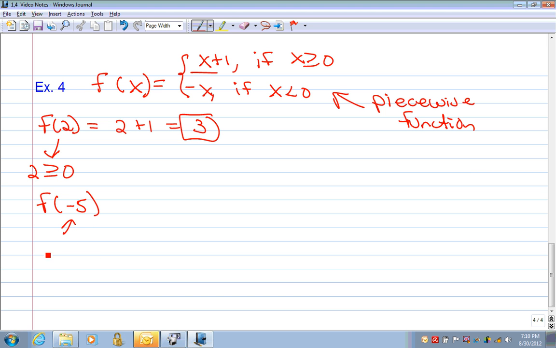In this case, negative 5 is less than 0. Therefore, we would have to use the second equation in our function. It's negative x, and x is negative 5 in this case. Therefore, that would be a positive 5. And that would be the answer when we evaluated in this piecewise function.